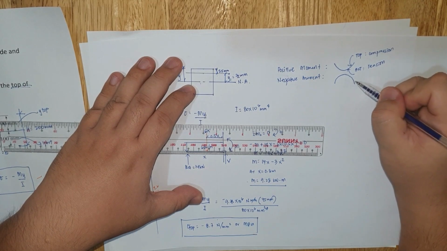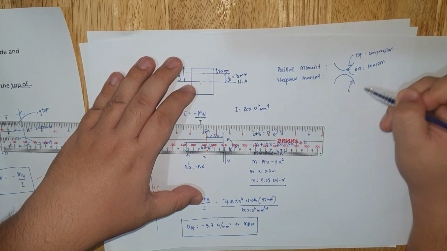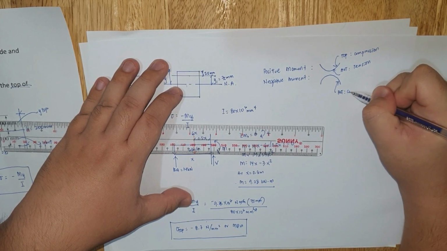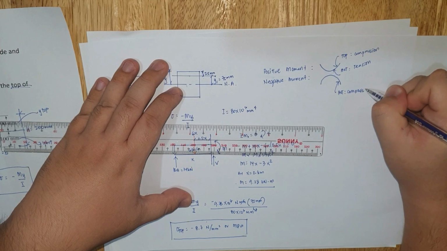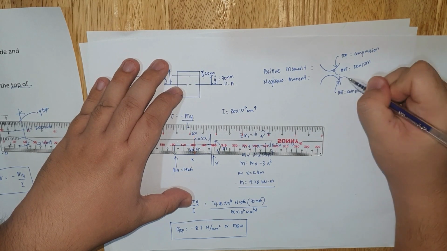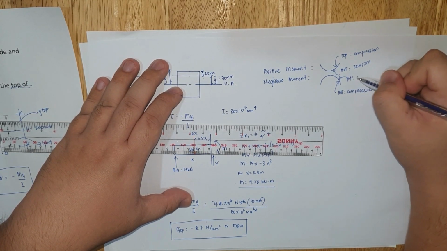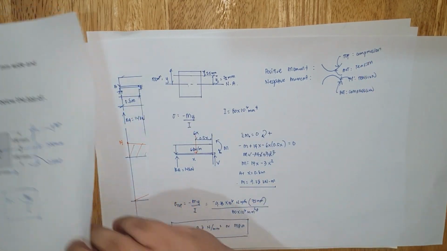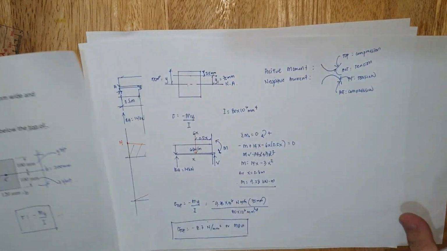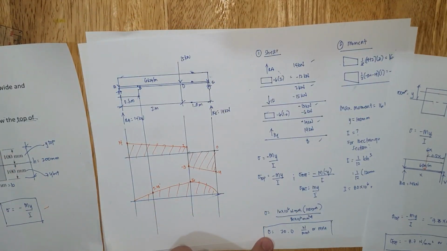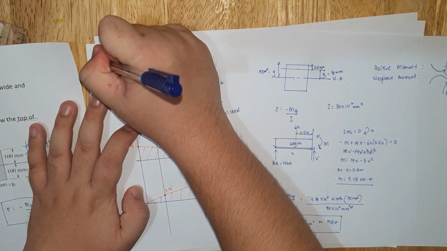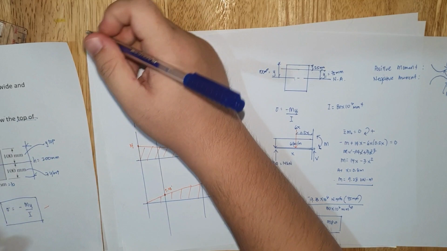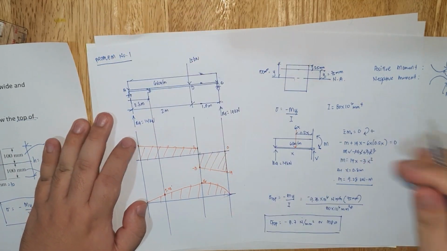So baliktad naman dito, yung bottom natin is naka-compression, and yung top natin naka-tension. Okay? So, ito yung sagot para dun sa dalawang question natin. Okay? So, that is problem number 1.